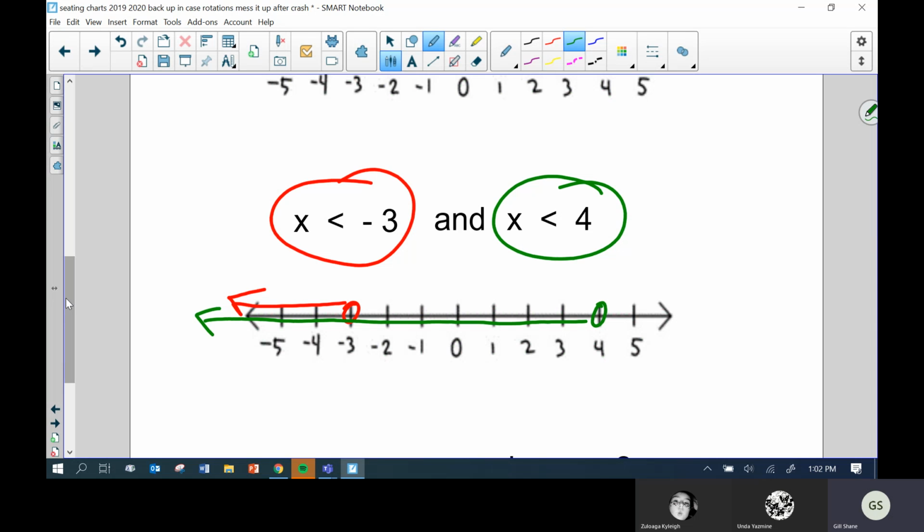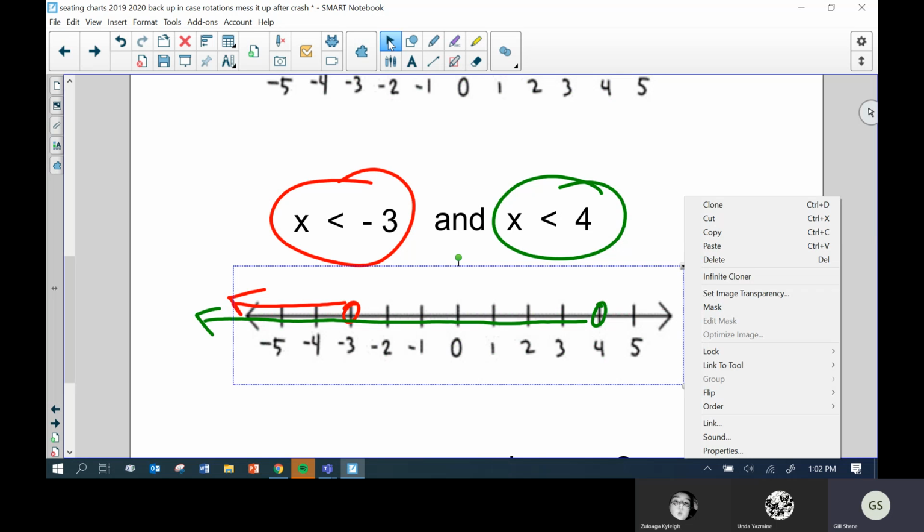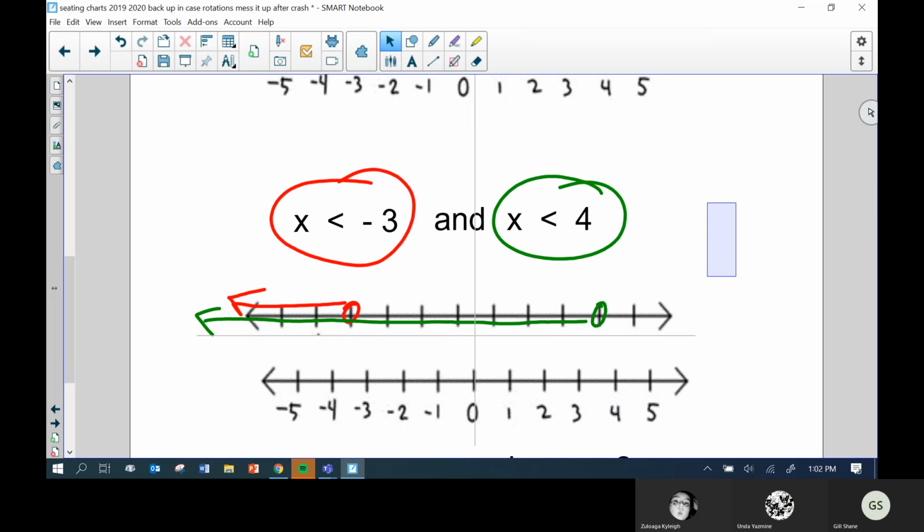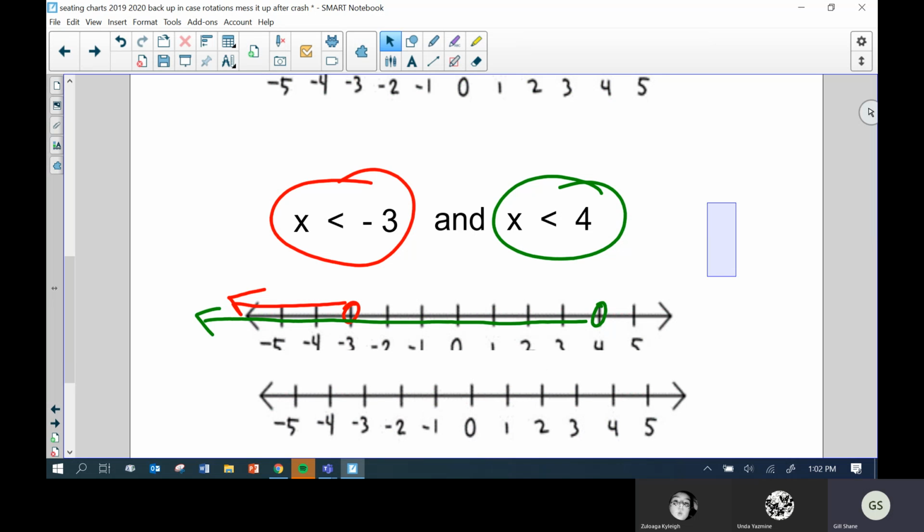That's the first step when it's an and, or an or really. Your final answer is to say, okay, so everybody had that. I graphed each of them separately. So for my final answer, I just duplicated the number line.